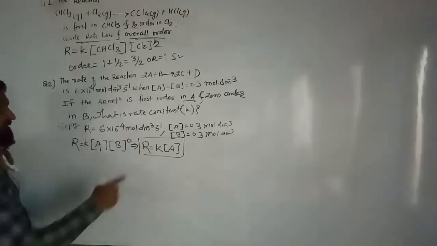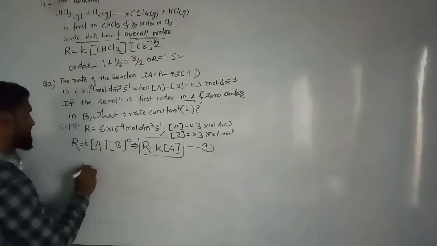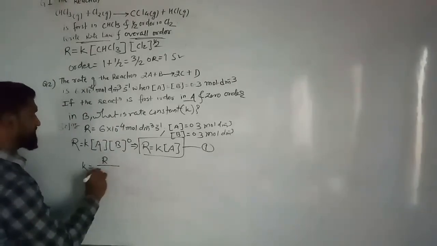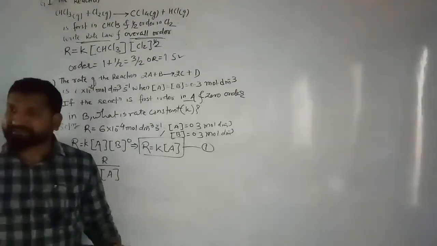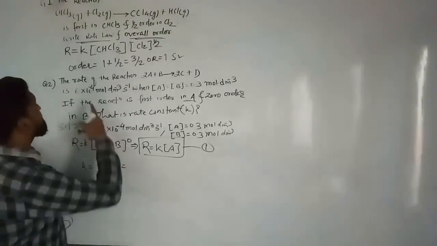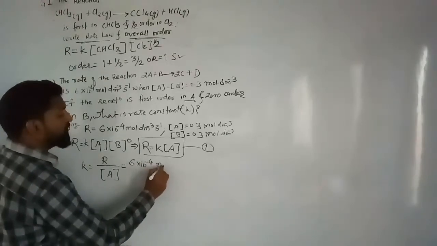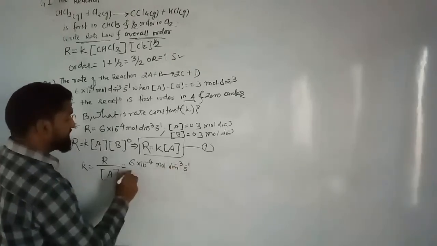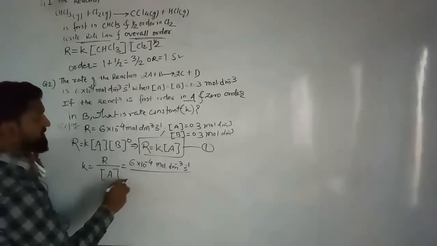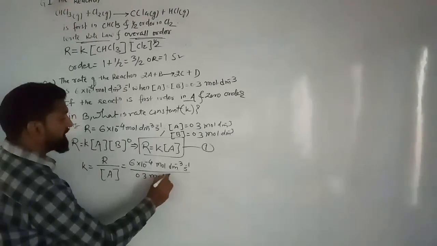What is the rate constant? So use this equation. k will be equal to R upon [A], where [A] is nothing but the molar concentration of reactant A. What is the value of R? Let us write 6 × 10^-4 mole per dm cube per second divided by the concentration, which is 0.3 mole per dm cube.